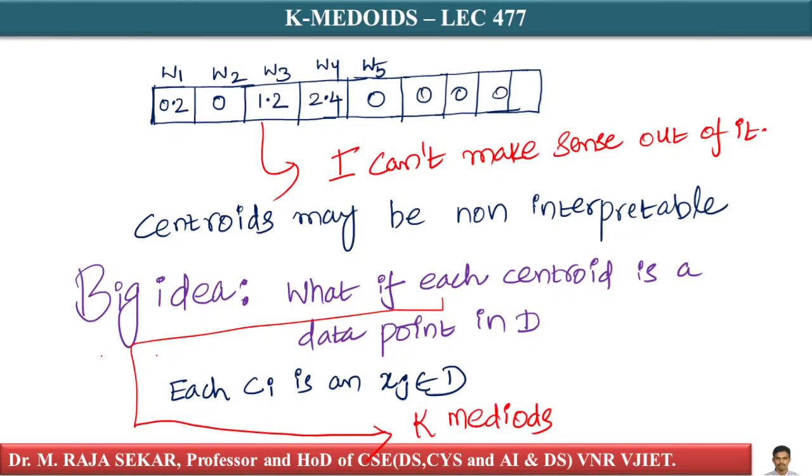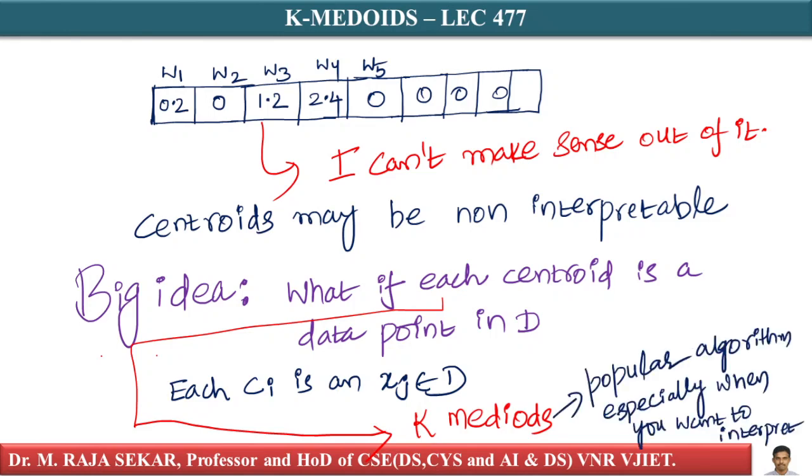It is a very popular algorithm, especially when you want to interpret your centroids. Whenever you want to read your centroids and make sense of them, k-medoids is a very popular algorithm.